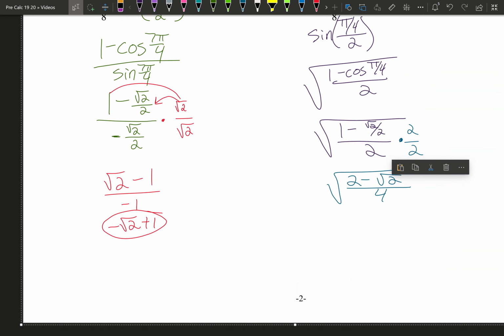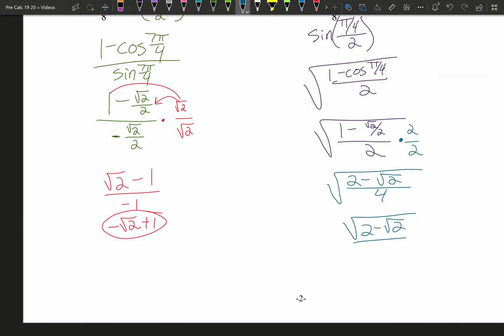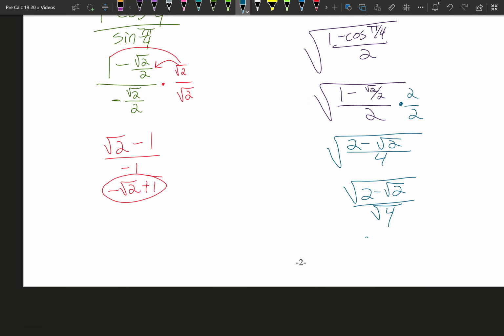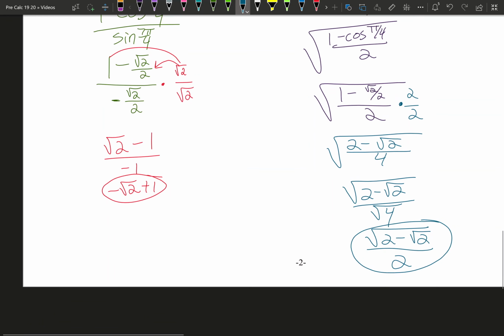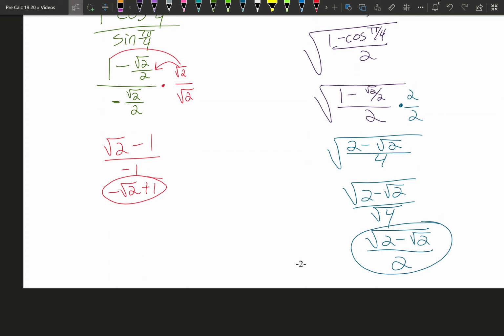When we're dealing with a fraction under a square root, we can look at this as the square root of the numerator divided by the square root of the denominator, which is convenient because we know what the square root of 4 is. So this value, this sine of pi over 8, is the square root of 2 minus the square root of 2, all divided by 2.